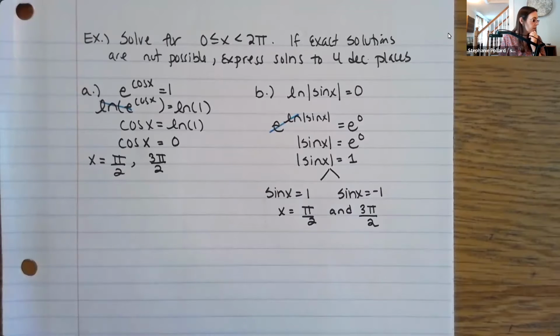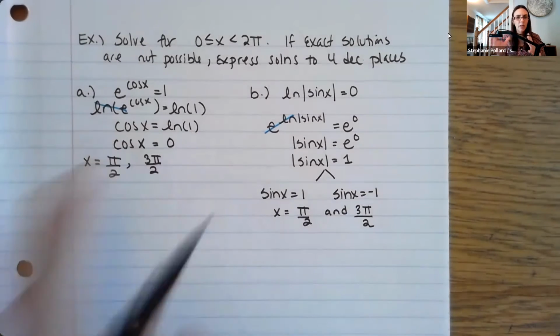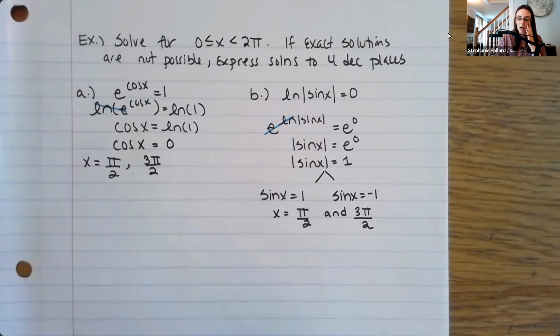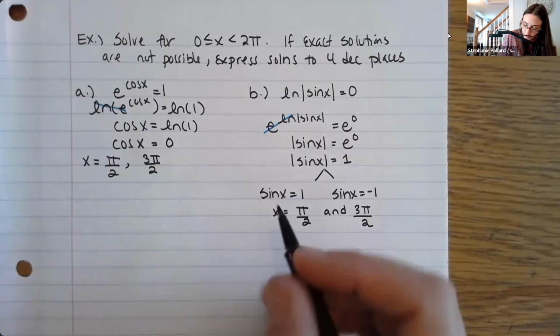Now, one thing I am skipping over here is you do want to get used to checking solutions. With taking the natural log of both sides, you don't usually have any issues there. Here, because we're raising to powers, you could create extraneous solutions. So you do want to get in the habit of checking your solutions here as well.